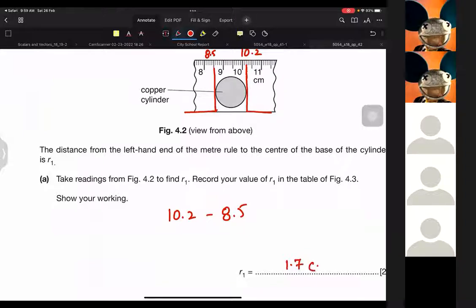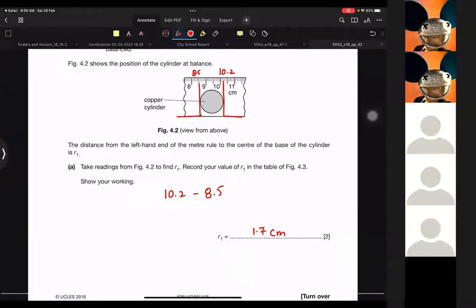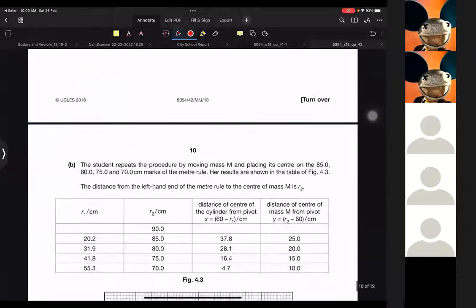And this is centimeters. So make sure that you use set squares. Set squares are one of the best instruments to actually help you get the right reading, which is also 90 degrees.